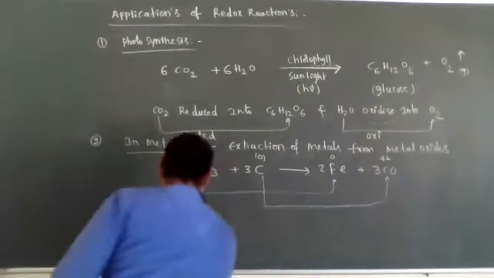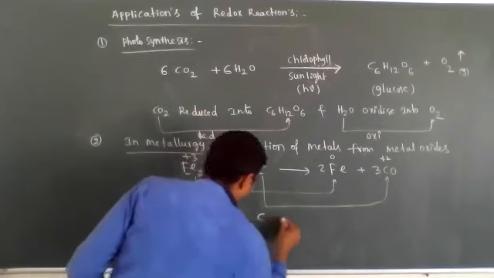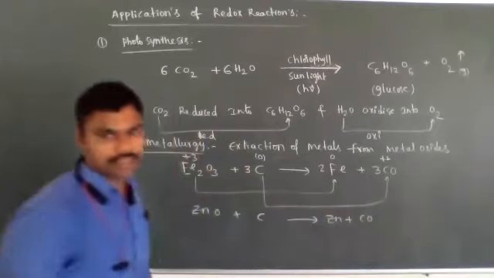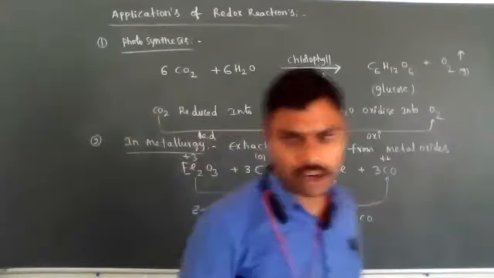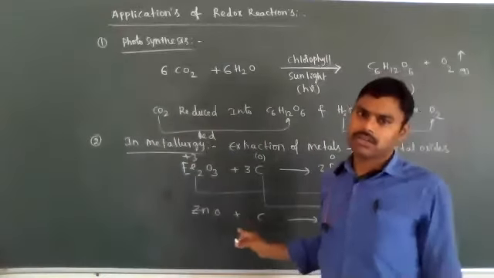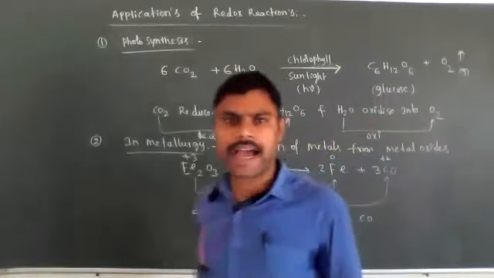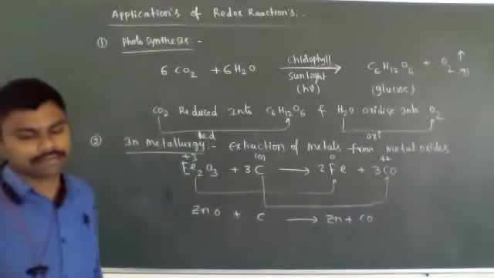In the same way, zinc oxide and carbon are converted into Zn plus CO. Aluminum oxide is converted into aluminium in the presence of coal or coke. So in the metallurgical process, for the extraction of metals, redox reactions also take place.